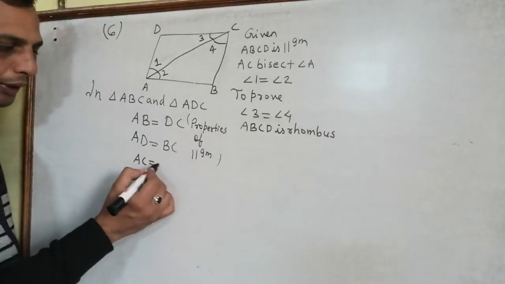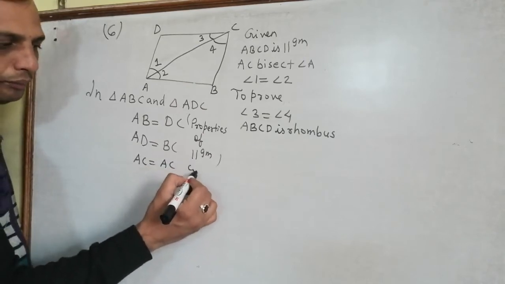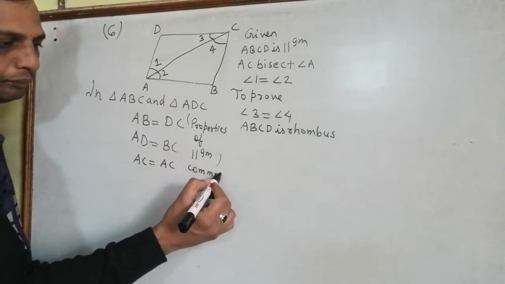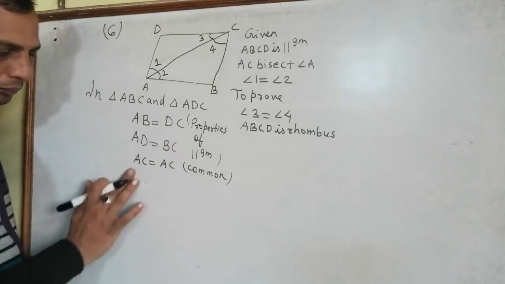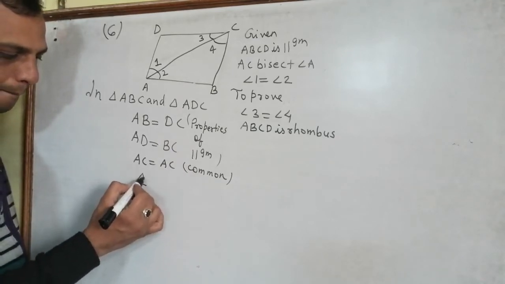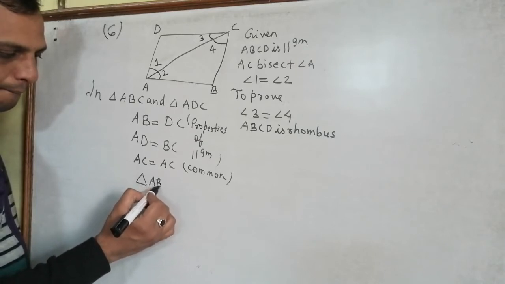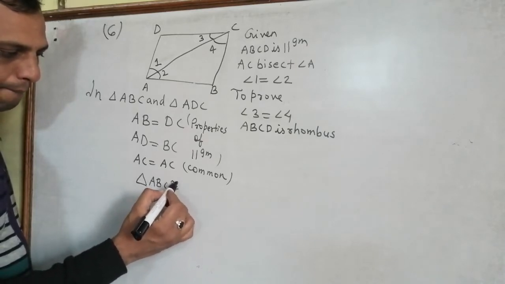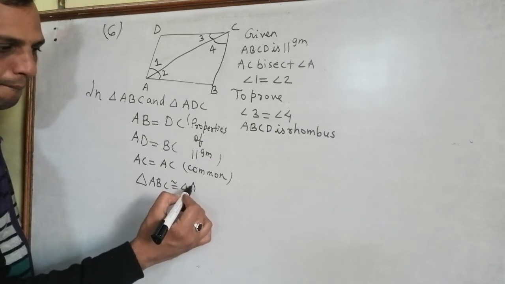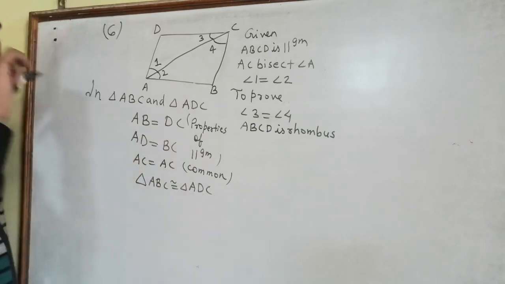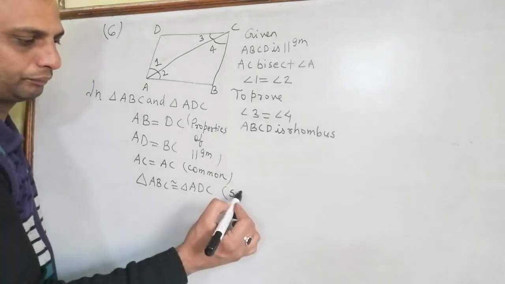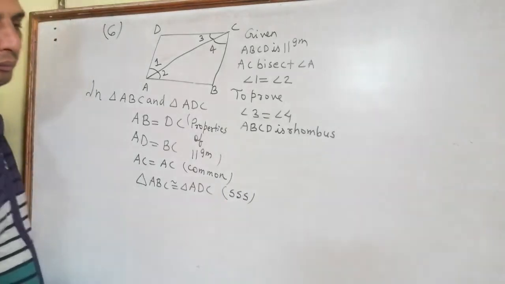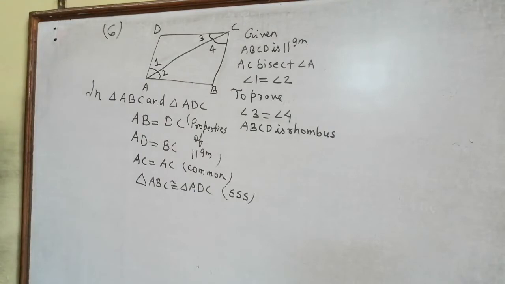AC is equal to AC, common. Now these two triangles are congruent, definitely.